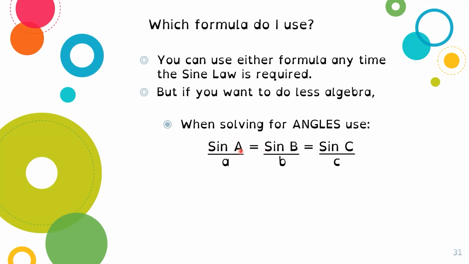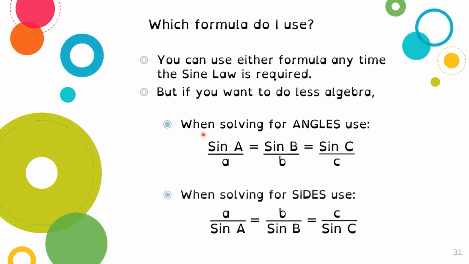The sine capital A is on the top, so you're going to be solving for angles. If you're solving for sides, you're going to use little a over sine A equals little b over sine B equals little c over sine C. The side lengths, the little letters, are on the top here. And that's why it's easier and you don't have to do as much algebra, because you already have what you want on the top. So that's how you can remember it if that makes your life easier.